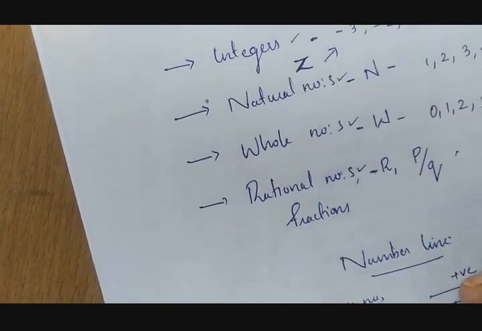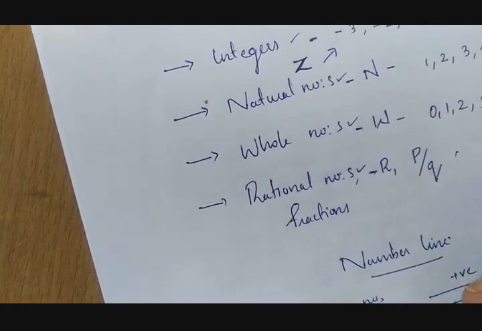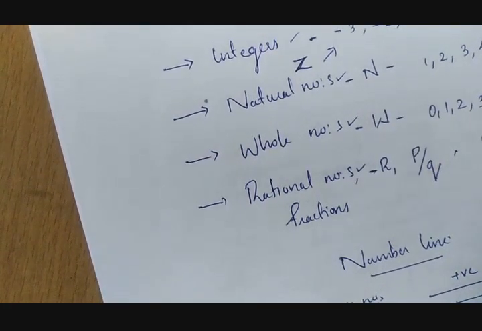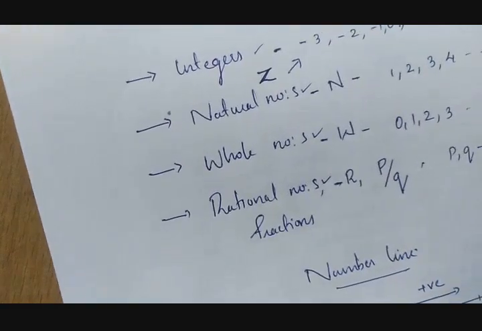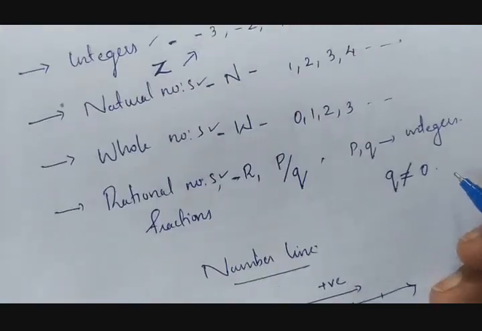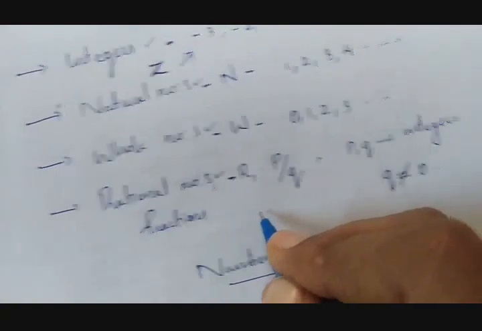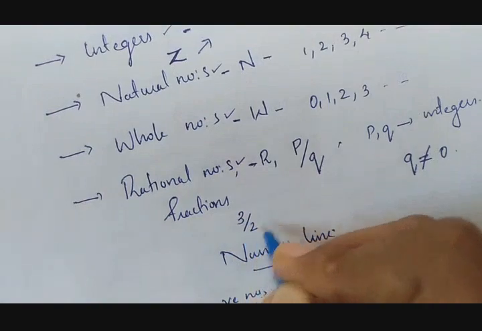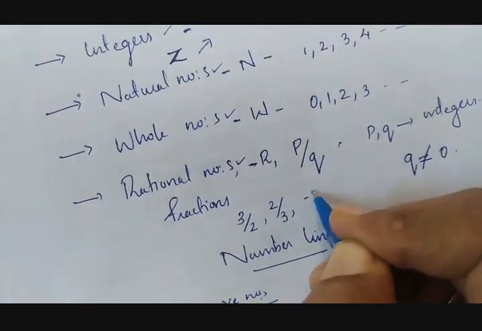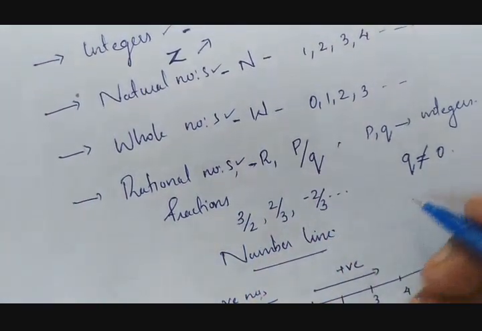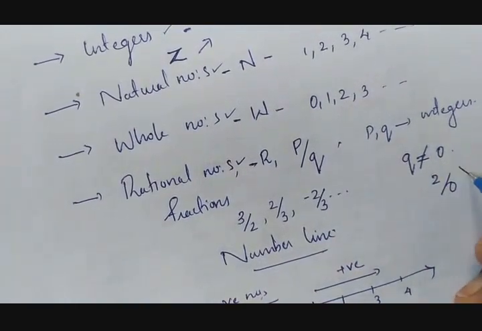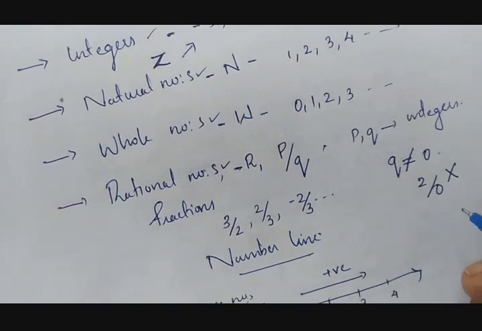That means it can take value 0, 1, 2, 3 and negative numbers also. But the value of Q should not be equal to 0. That is, we can represent P by Q as 3 by 2 or 2 by 3, -2 by 3, etc. But we can't write a rational number as 2 by 0 because it is an invalid number.